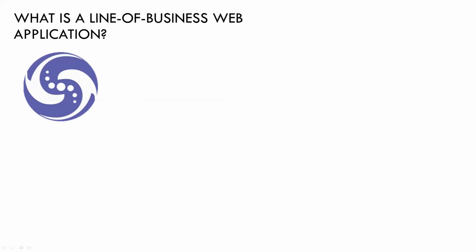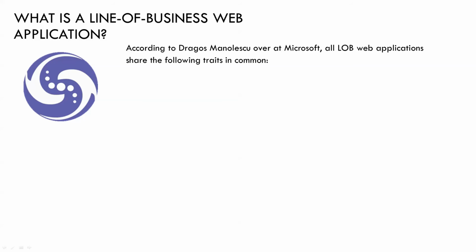Okay, so let's delve a little bit more into just what an LOB web application really is. So according to Dragos Manolescu, and forgive me Dragos, if I'm mispronouncing your name, but I'm trying my hardest here. So according to Dragos over at Microsoft, all LOB web applications share the following traits in common.